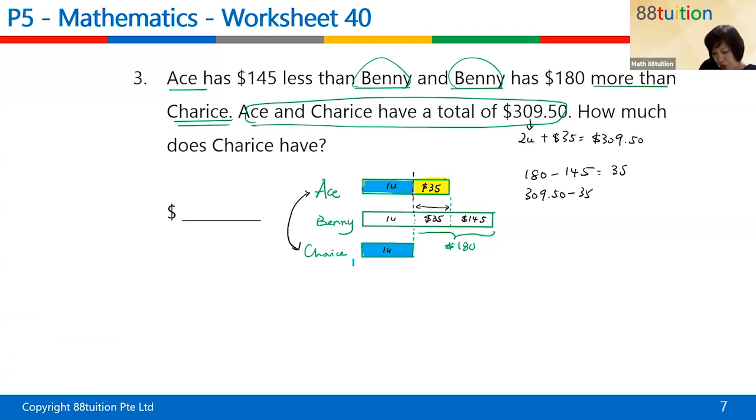Then with this 1 U and 35 here, remove the extra box, and that will give you 274.40. And this is meant for 2 units. So in order to find 1 unit, you divide by 2, and you will happen to get 137.25 for the 1 unit. 137.25.